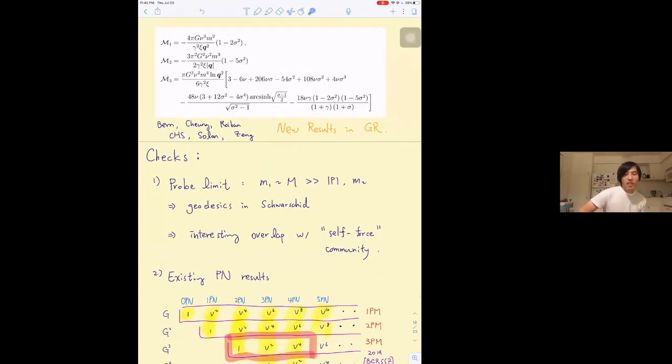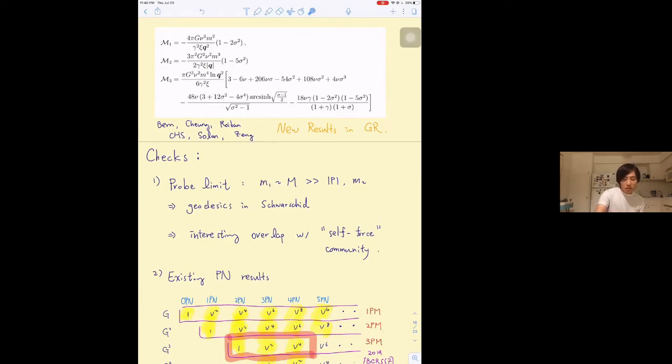Because that corresponds to a check that we can do. One check you can do is to go to the so-called probe limit, where you take one particle to be very heavy and the other particle to be very light. In this limit, you can use the geodesic equation in the Schwarzschild limit, and there's actually a Hamiltonian known to all orders in G in this limit. So you can see here that the tree level and one loop are relatively simple because they're entirely fixed by this Schwarzschild limit.